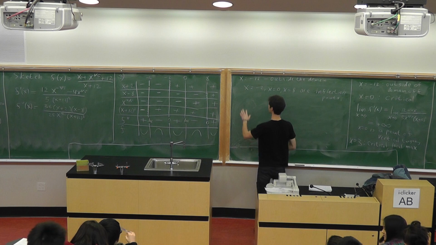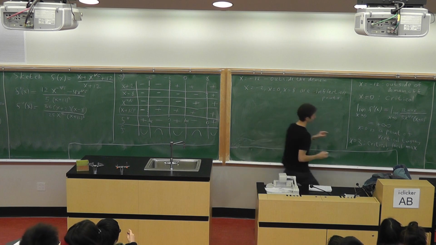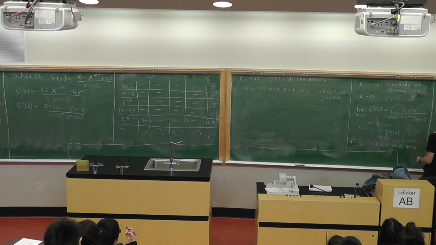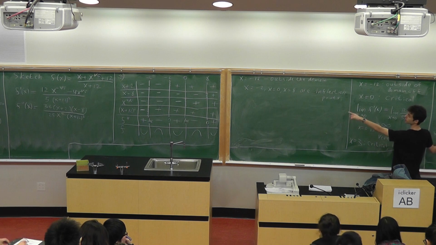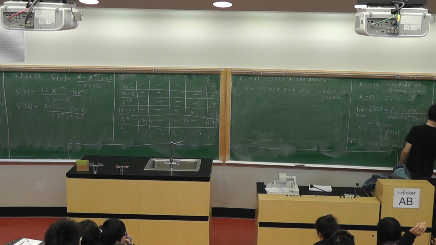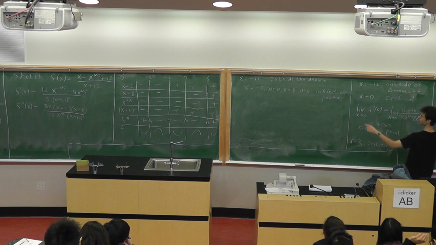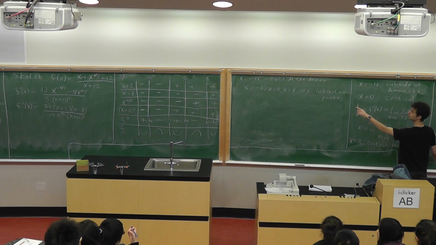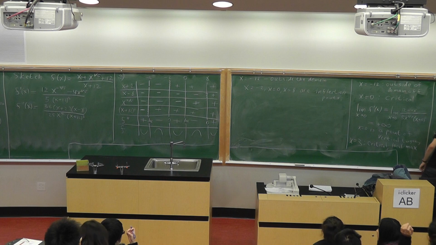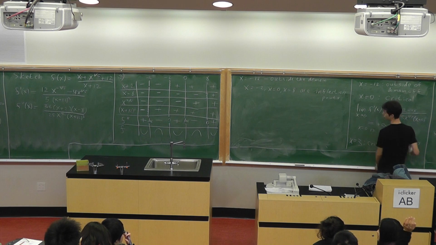Before I forget, I will just copy this to here. f double prime: f is concave up on minus infinity to minus 12, then from minus 2 to 0, then from 8 to infinity, and concave down on the rest.